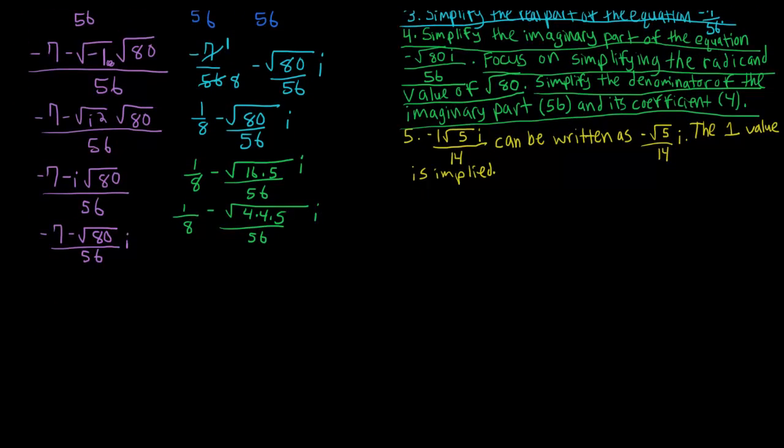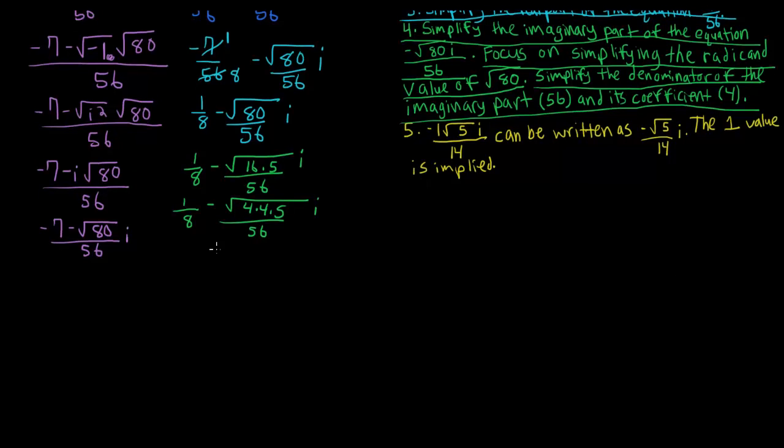and that simplifies to 1 over 8 minus 4, because we move this 4 to the left of the radicand, 4 square root of 5 over 56I. And right here it says simplify the denominator of the imaginary part 56 and its coefficient 4.